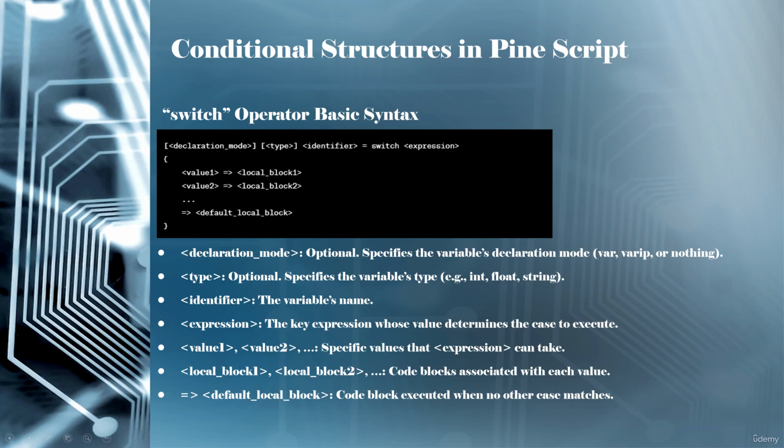There are two forms of the switch structure: one with an expression as a key, and the other without an expression. So let's review switch with expression. In this switch, we can see that after the switch operator we use an expression. Therefore, this is the case that we are considering: switch with expression.